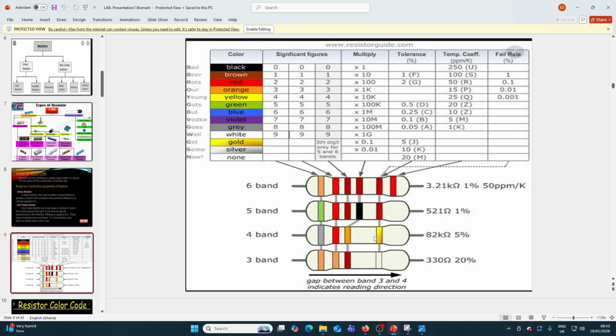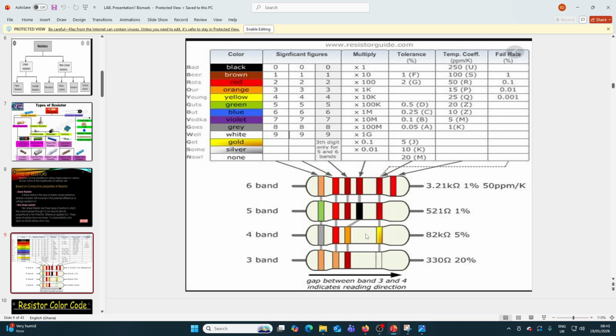So when you are given the resistor, how do you determine whether this is the first color or this one is the first color? So usually depending on the brand, there are some resistors you see that between the last color and others they will leave a certain gap here, as you can see from this one.